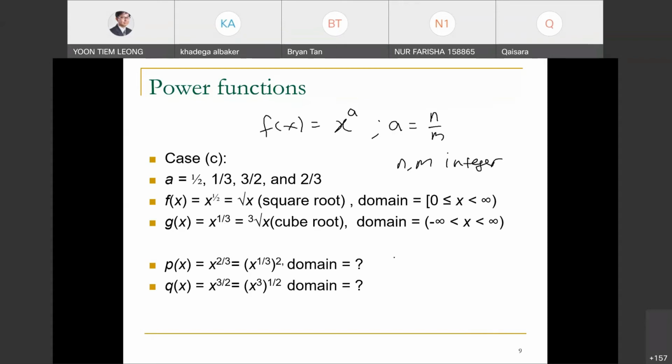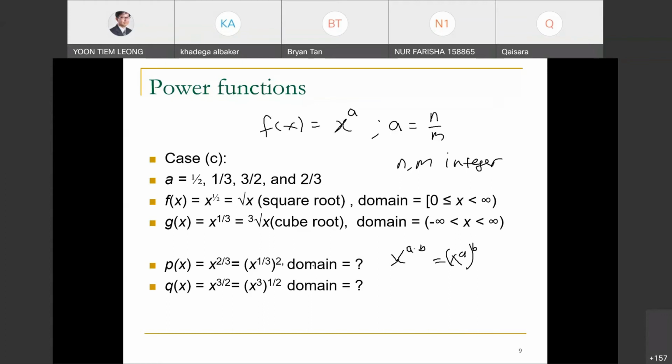So remember your rules for an exponential function. If you have x to the a, raised to the power of b, this is the same as x to the power a times b, or vice versa. So 2/3 could be understood as 1/3 times 2. So this is a cube root function squared.